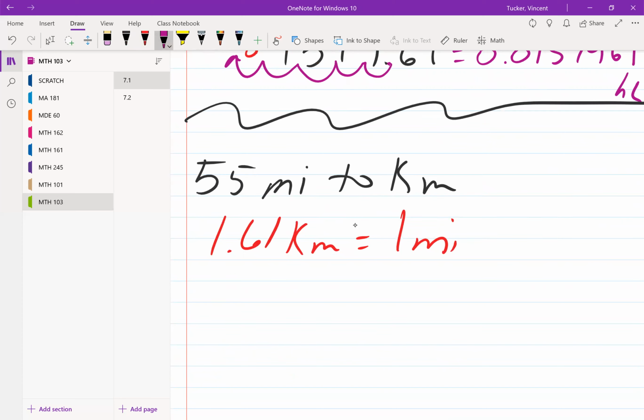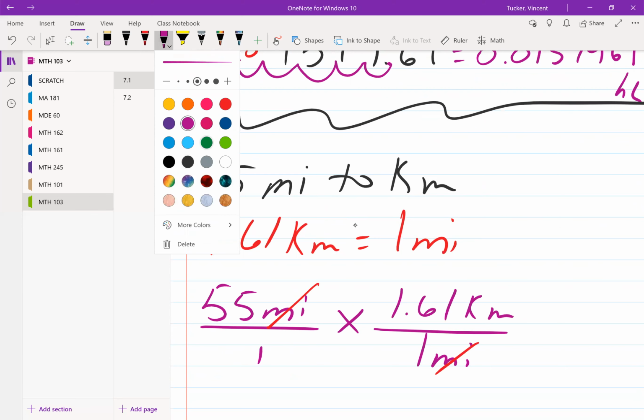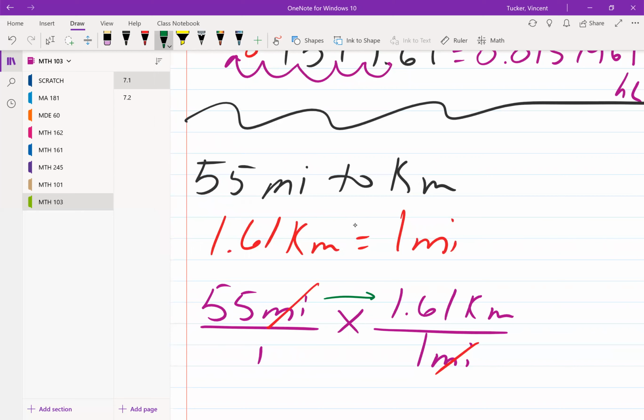So that means I can start off with 55 miles over 1 times 1.61 kilometers over 1 mile. Once again, mile over mile is what you need in order for the mile measurement to cancel out. Now, you just multiply across, 55 times 1.61 on top, 1 times 1 on bottom.